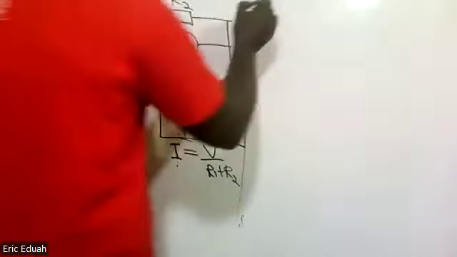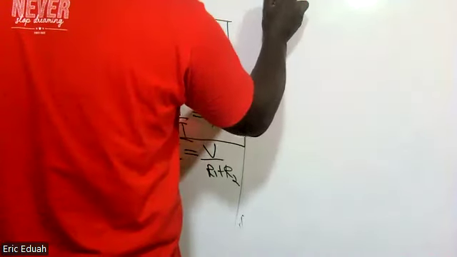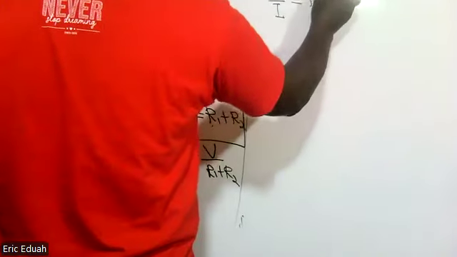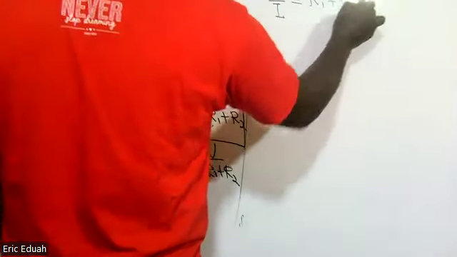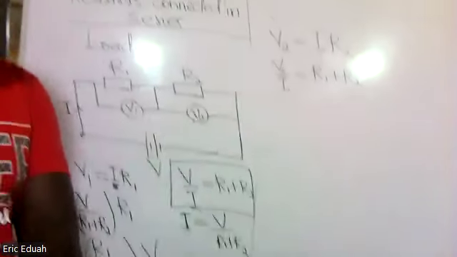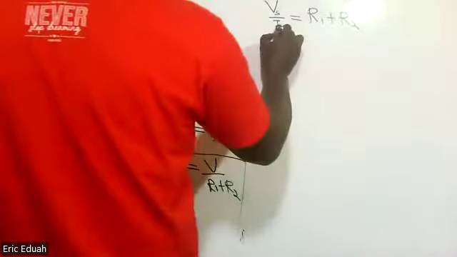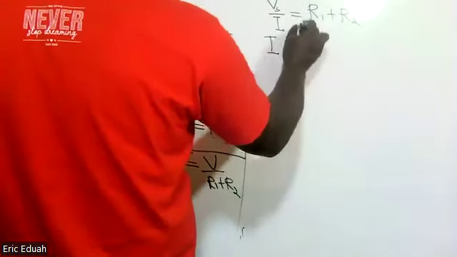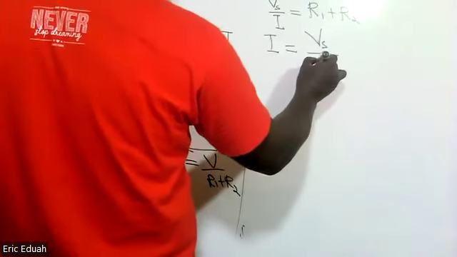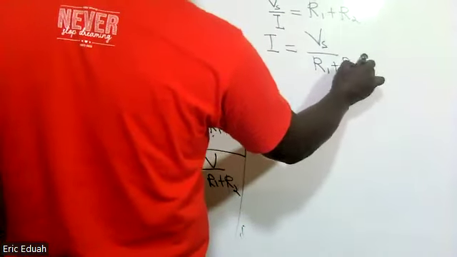And we are saying that source voltage over I is equal to R1 plus R2. So we make I the subject here, which is equal to Vs over R1 plus R2.